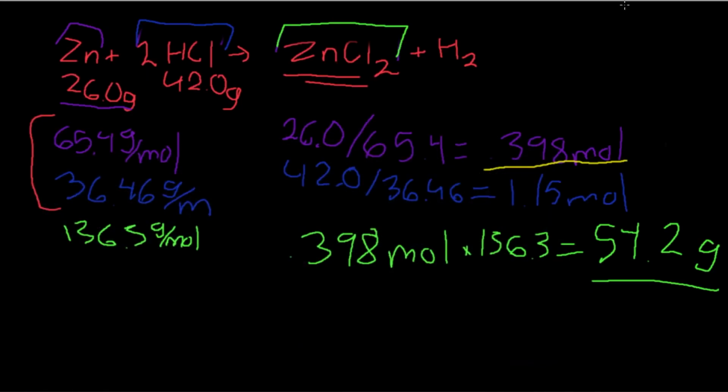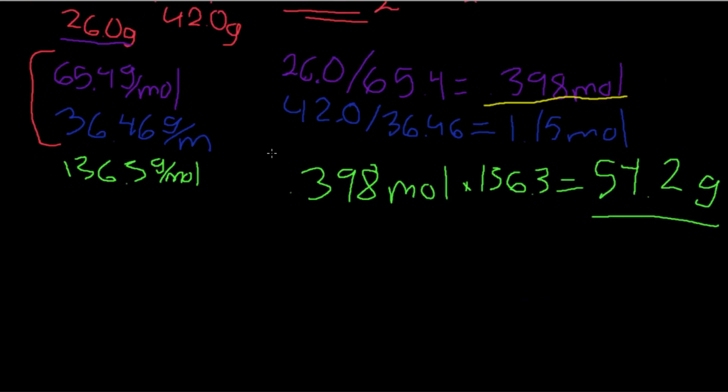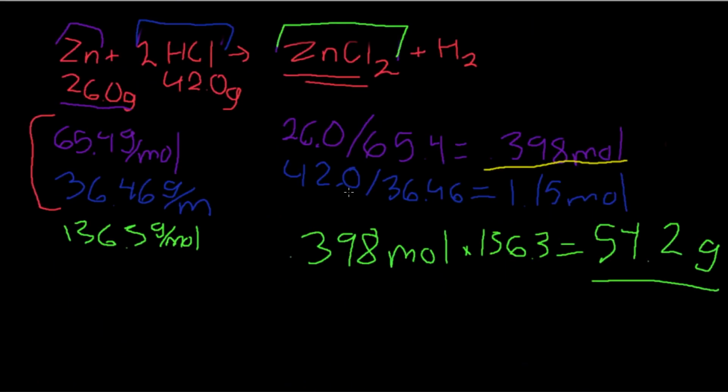Alrighty. But as we know on the tests, generally we also have to show how much of the other stuff will be left over. So let's start working on that down below. If we have 0.398 moles of this, and this is a 1:2 ratio right here, that means there will be twice as many moles of this as there are of this.